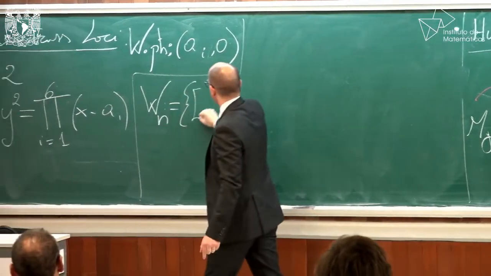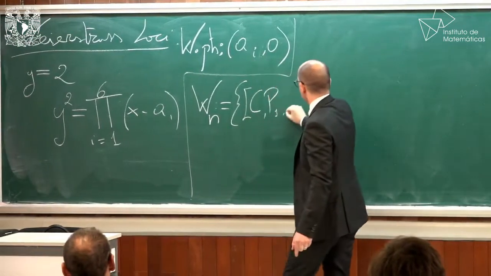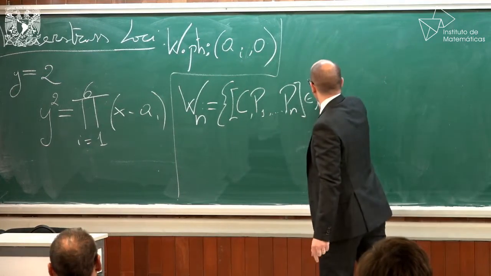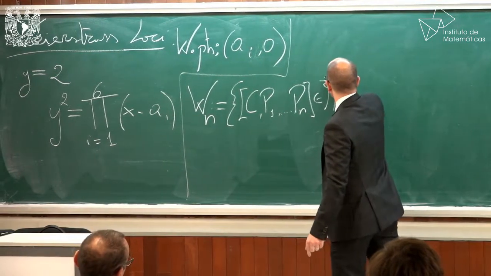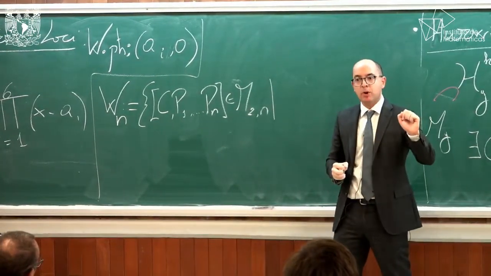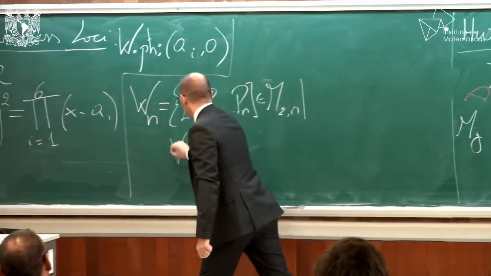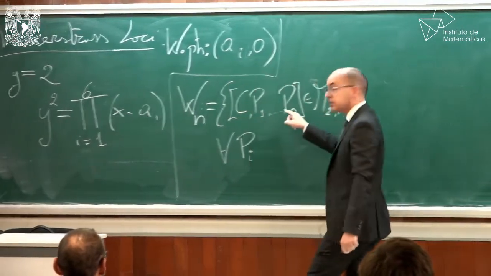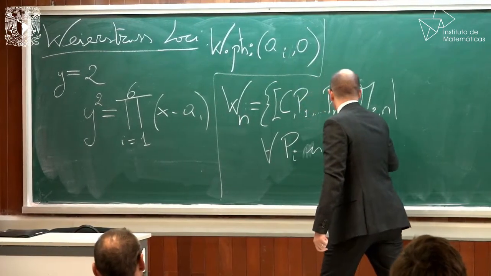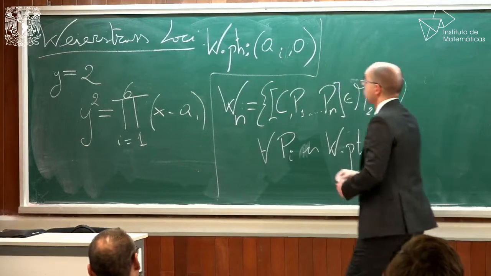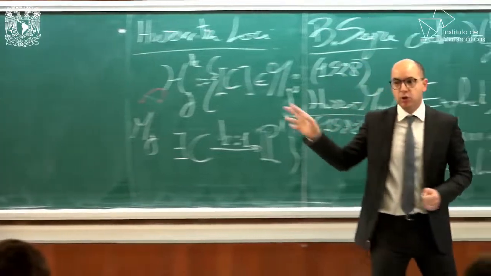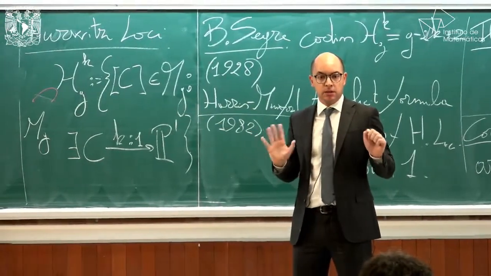This is the locus of n-pointed curves of genus 2 such that I'm requiring that all the marked points are Weierstrass. Each p_i is Weierstrass, so each of them is one of this type. So n can be at most 6, right? Because all the p_i's are distinct.